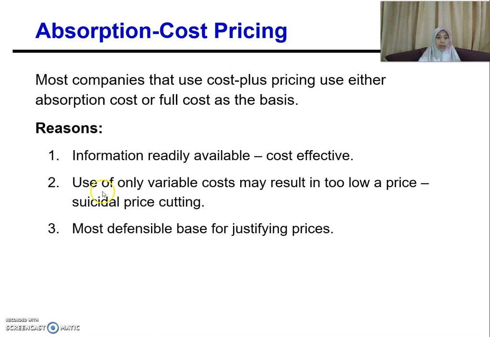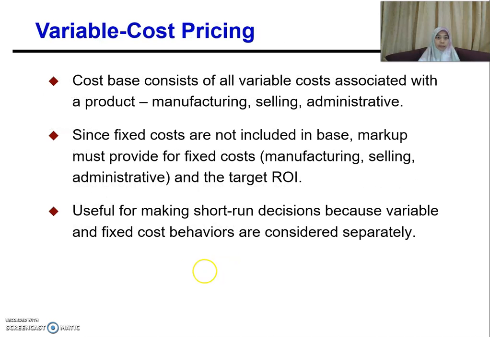Use of only variable cost may result in too low a price, suicidal price cutting. Instead of just looking at the variable cost, which is too low, you need to include your fixed cost as well. So it is the most defensible base for justifying prices because you include your fixed and variable portions.